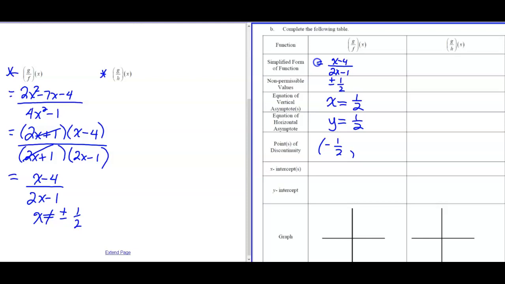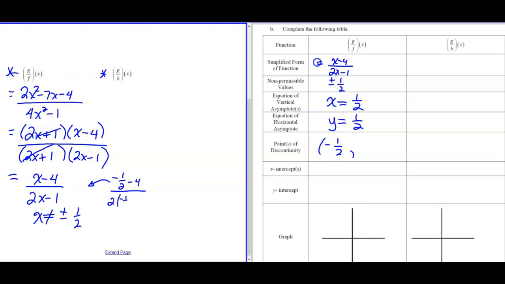Right? It's not going to help you. You put it into your simplified. So -1/2 minus 4 over 2 times -1/2 minus 1. You don't have to show work. You can do it in your calculator or whatever. So that's what? -9/2 over -2. So that's going to be positive 9/4.